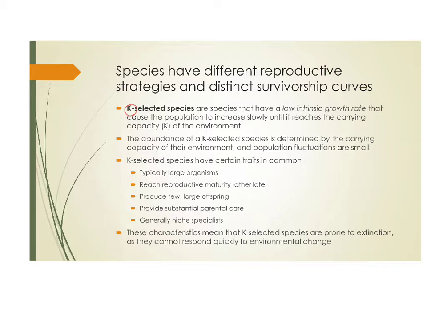These species also tend to be niche specialists, meaning they have specific biotic and abiotic needs that they must obtain from their environment. These characteristics mean that K-selected species are often prone to extinction as they cannot respond quickly to environmental change.